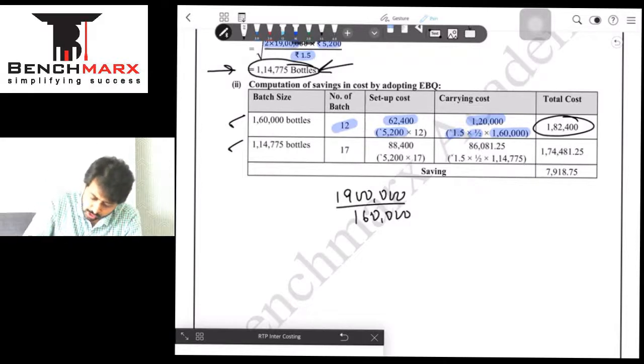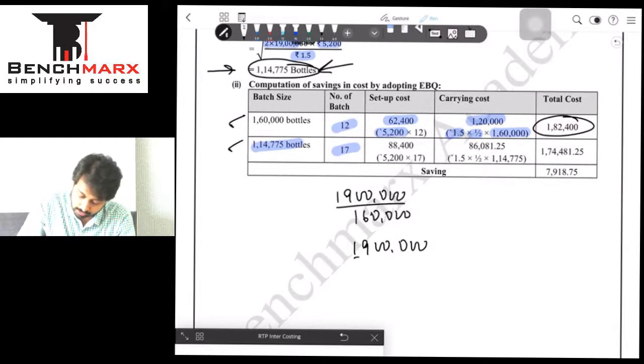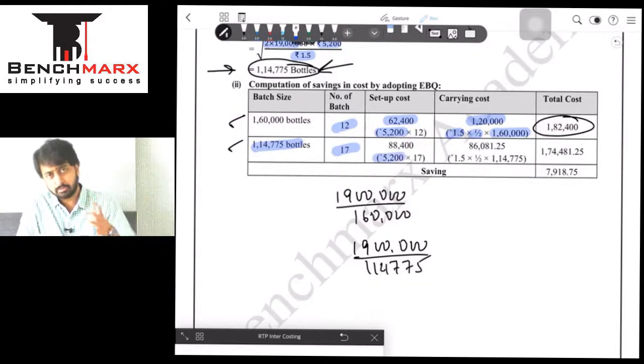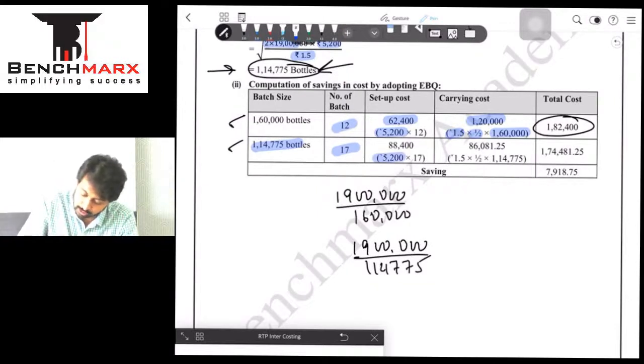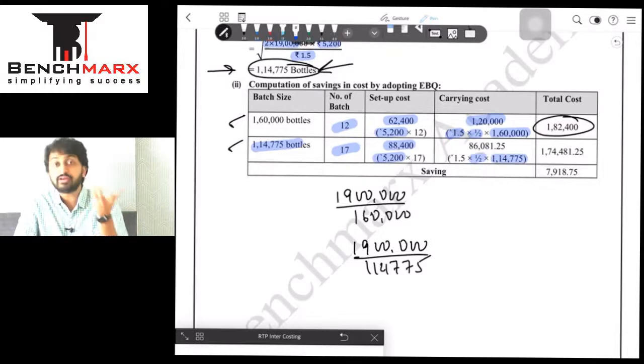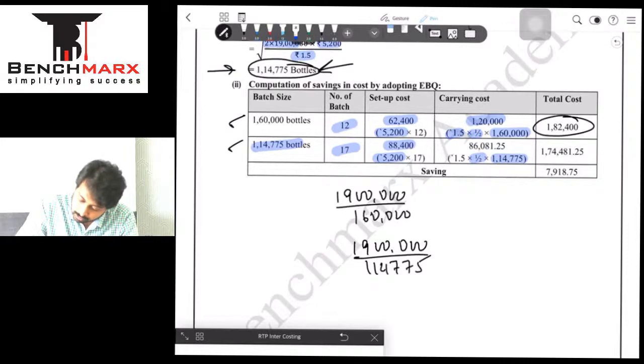Similarly, if I go for ORS quantity, then in that case the ORS is 114,775, which means the number of batches of 17, this 17 should come like this. 19 lakh, you verify on the calculator, 19 lakh upon 114,775, and this into my ordering cost equivalent, or my machine setup cost, is nothing but 88,400, and the same thing quantity into half, or divide by 2 for average quantity, and that into my inventory holding cost.